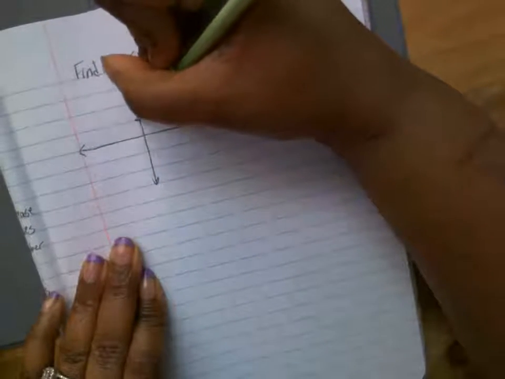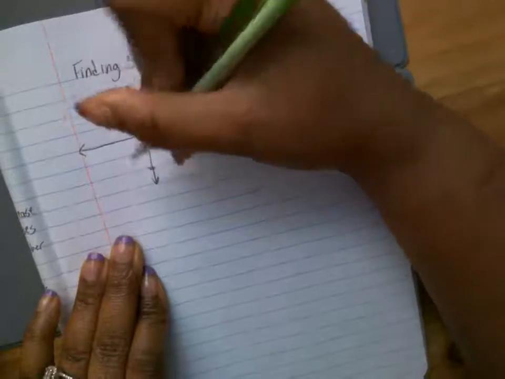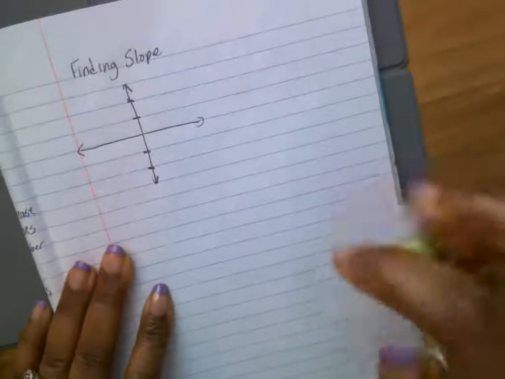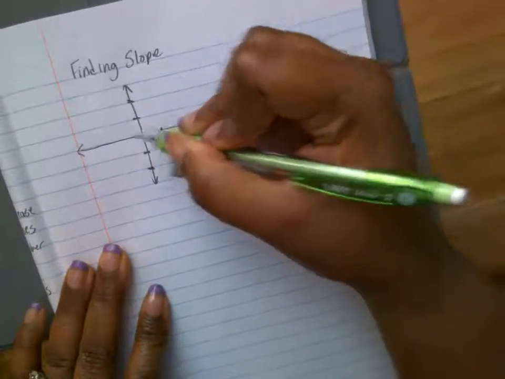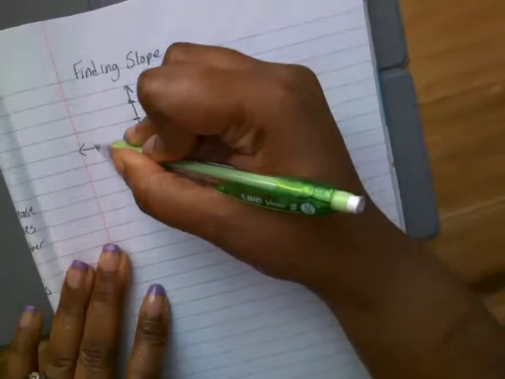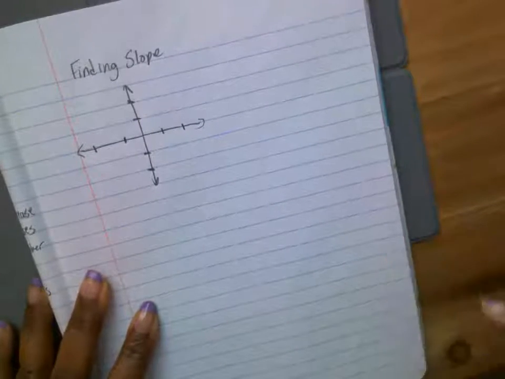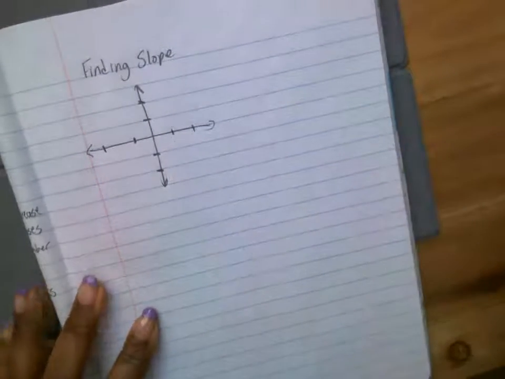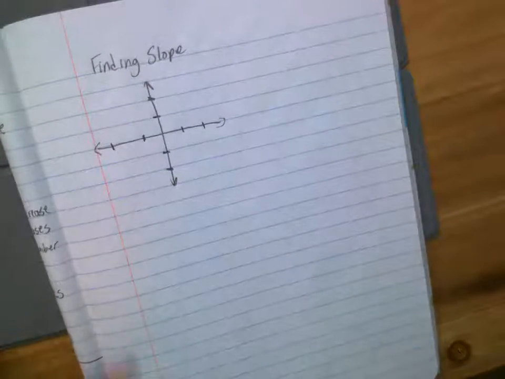I'm going to use my blue lines here on my y-axis, and I'm going to space it in equal distance on my x-axis. Okay, let's see if I can find something to make it a little bit darker.